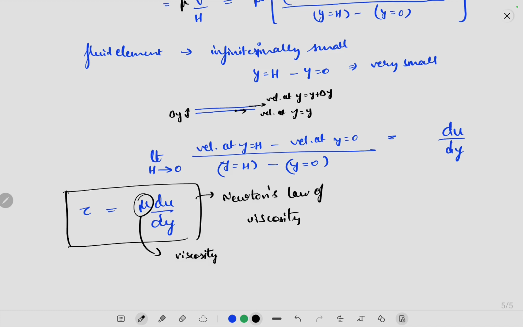Okay, so let's quickly go through some typical values of the fluids that you see around in your day-to-day life. So at room temperature T, we have a fluid and its viscosity mu.